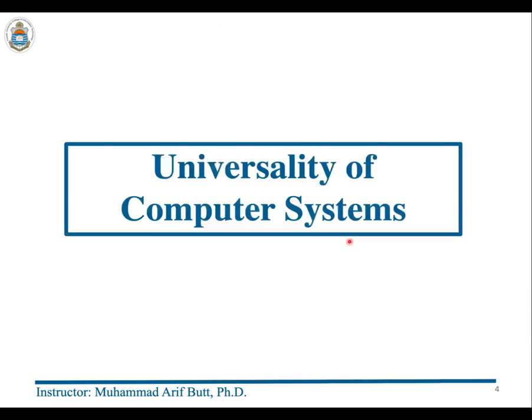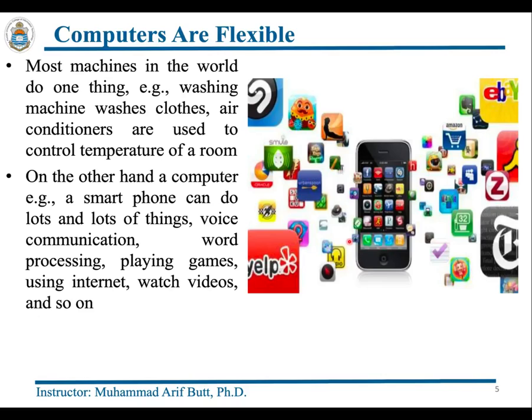And before we discuss how we can design the machine language of a specific processor, let me set the stage right by having a theoretical discussion about the universality of computer system. Dear students, most machines in the world do one thing.